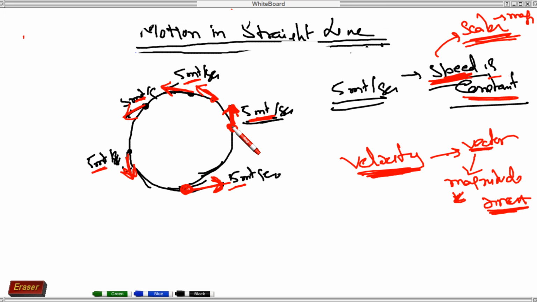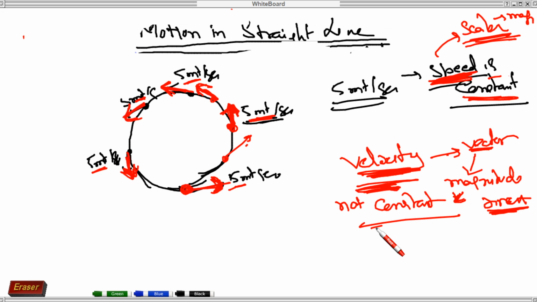Direction is not the same. Here the direction is upwards, here it's somewhat like this, here it's different. So speed is constant but velocity is not constant. Why is it not constant? Because direction is changing.